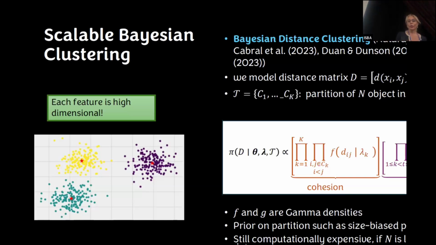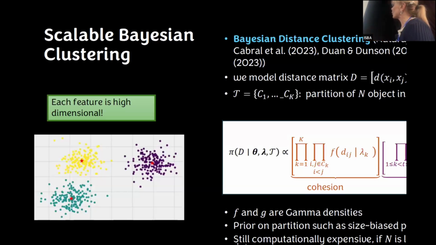There has been a proposal by, I think, David Dunson, who was the first one to introduce this, to do model-based clustering, but instead of on the original space of features, on the distances between each observation. So now, instead of modeling the observations in the original space, we are going to model the distances between the original observations. And so you can come up with a model on the distances.